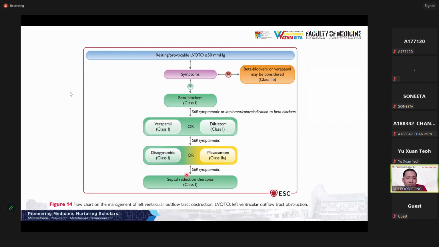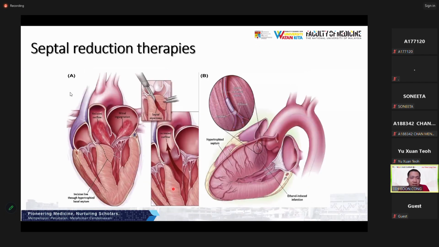But if all this fails, then you need septal reduction therapy, meaning either you go in for surgery and remove the septum, for example this part, because this is the one causing the obstructed flow to the aorta. Or you can use alcohol septal ablation, meaning you infuse alcohol in this branch, so this area becomes infarcted and becomes thinner.